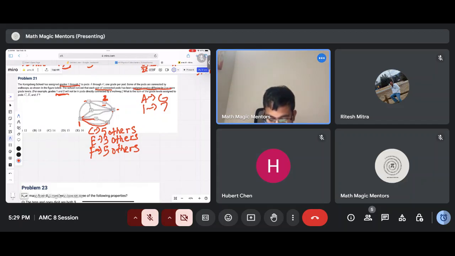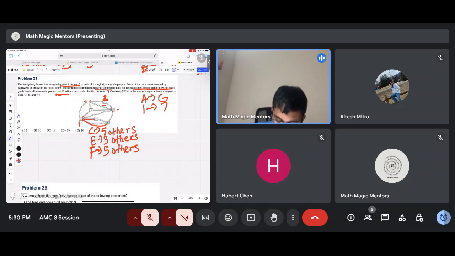Does that make sense? So actually, by the way the problem stands, if C is assigned grade 1, I think that F has to be 7, and here's why.